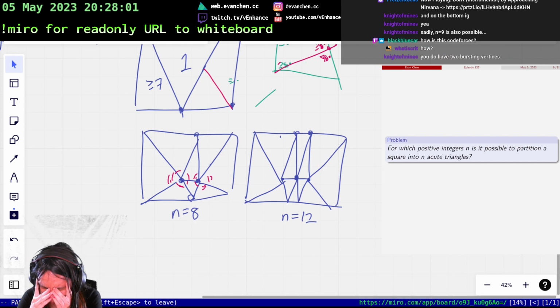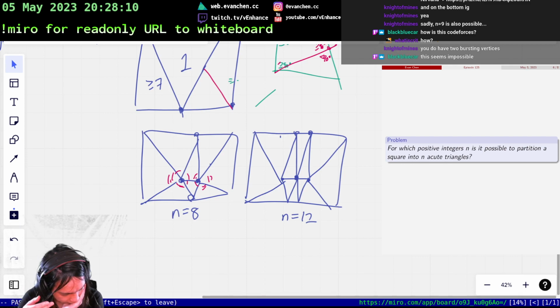This. Yeah, you have 2 bursting vertices, and how do you only get 1 triangle?